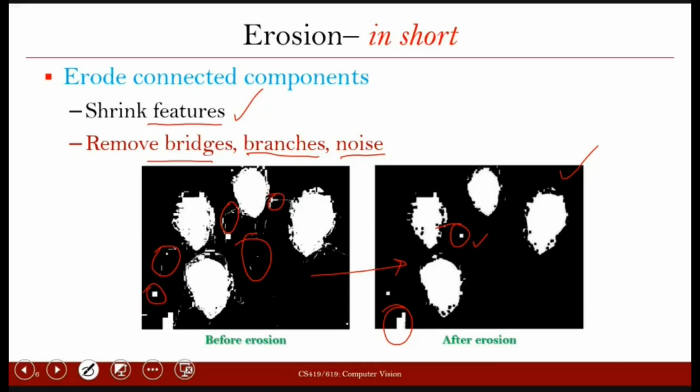But because of the erosion, the size of the object is also getting reduced. Right? So we have to find some optimum number of iterations so that we don't lose the vital information from the objects, and at the same time we are able to remove the noisy pixels to the maximum extent.